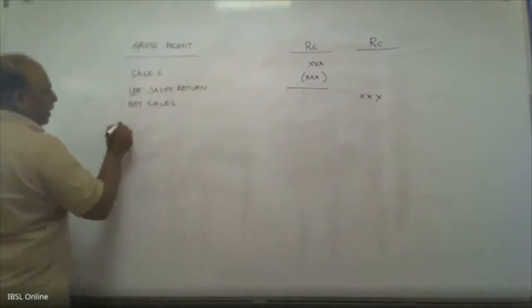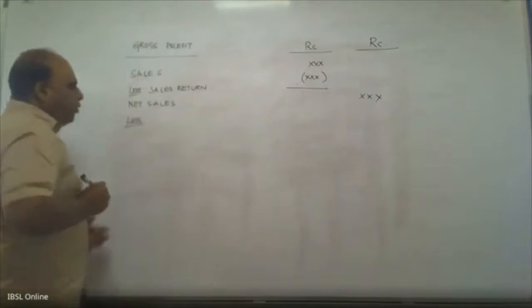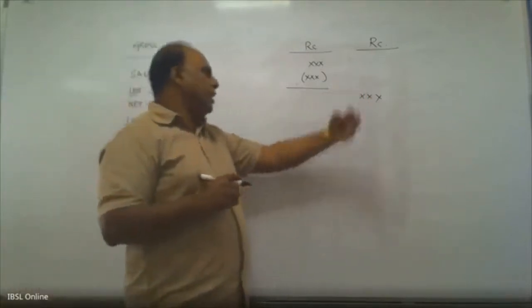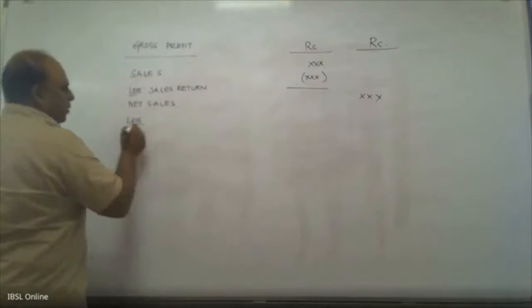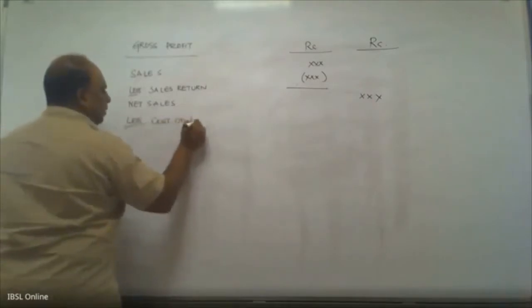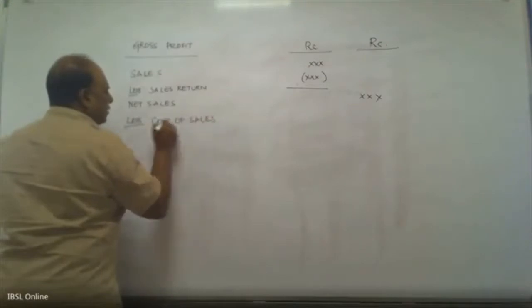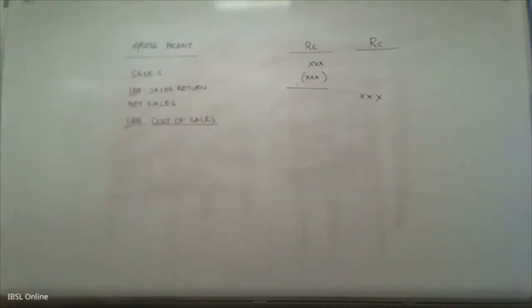Then we have to look at less. In order to make this net sales, what is the underlying cost that I have incurred to make this sale? So we call that as cost of sales.